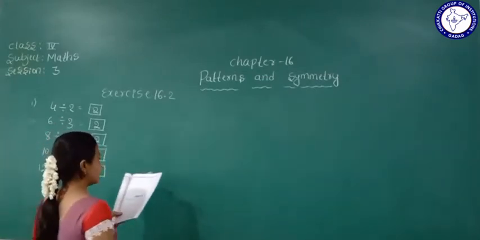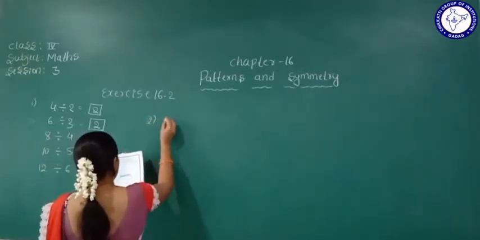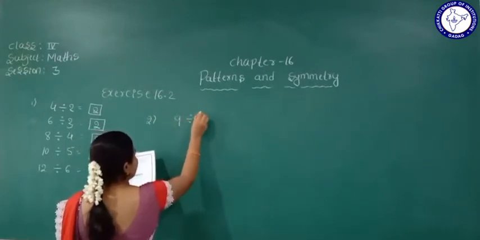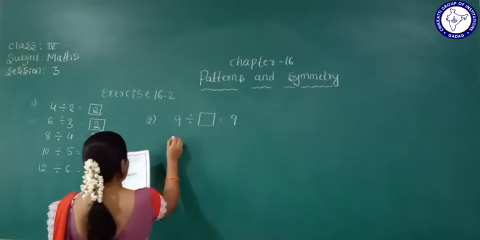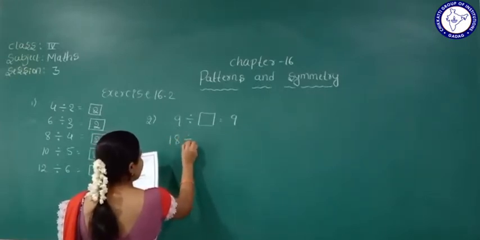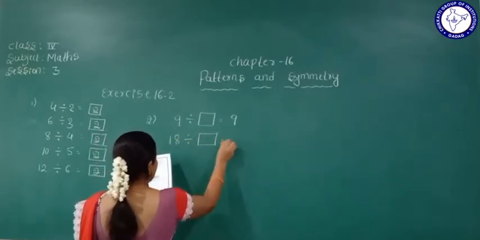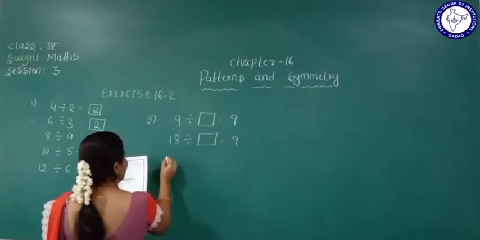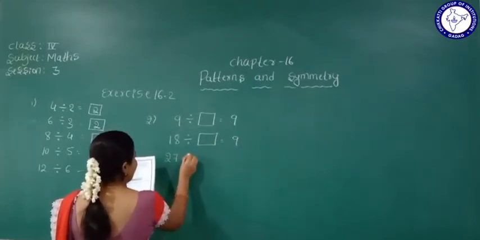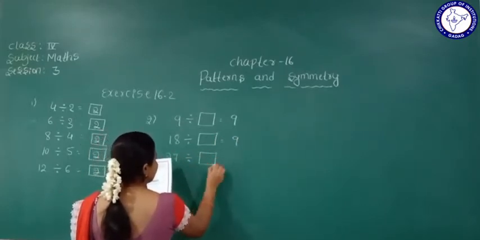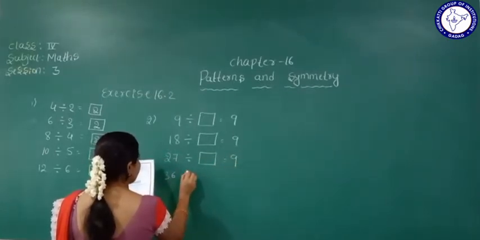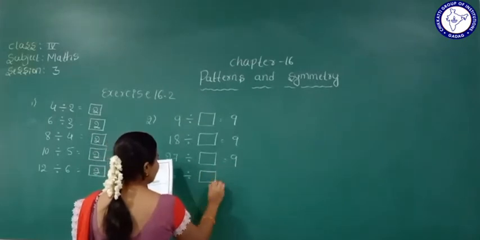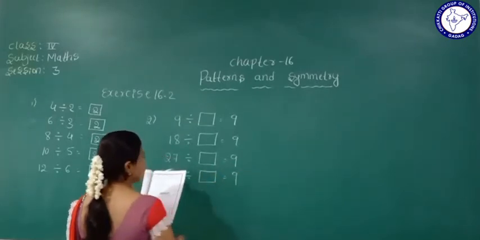The second one given here: 9 divided by blank is equal to 9, 18 divided by blank is equal to 9, 27 divided by blank is equal to 9, 36 divided by blank is equal to 9. We can see the pattern.